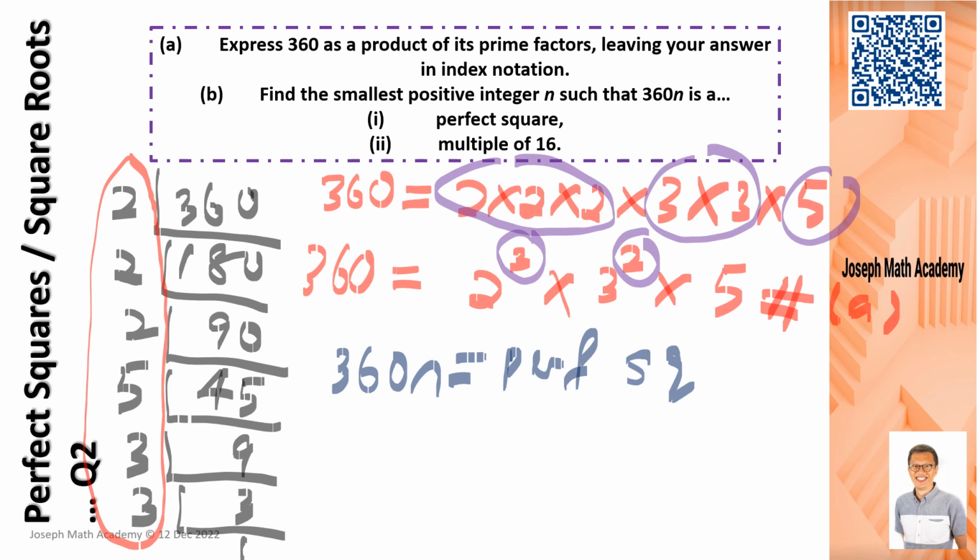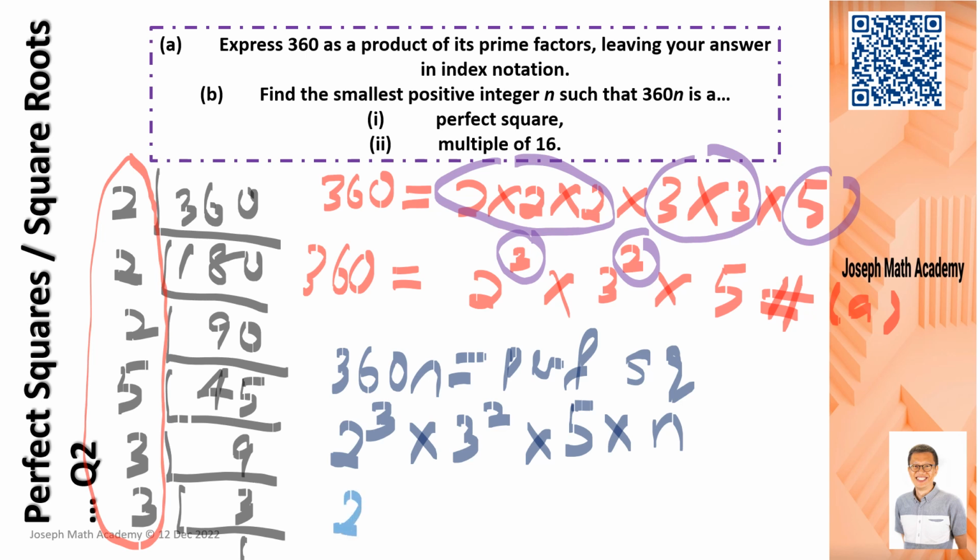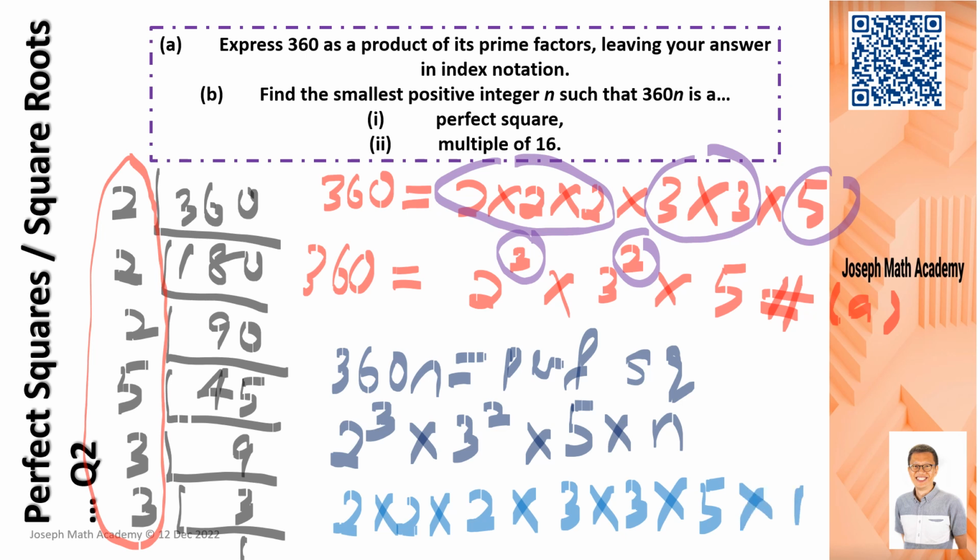So I'm going to rewrite this using index notation from part A. So 360n is the same as 2 to the power of 3 times 3 to the power of 2 times 5 alone, and n means it's multiplied, and it's an algebraic expression, right? Okay, so I'm going to rewrite this even clearer for you to understand. It becomes 2 appears 3 times, 3 appears 2 times, 5 appears once, and n appears once.